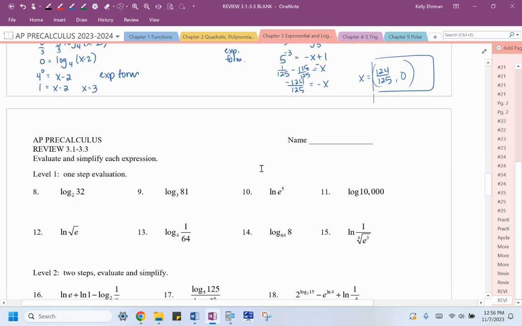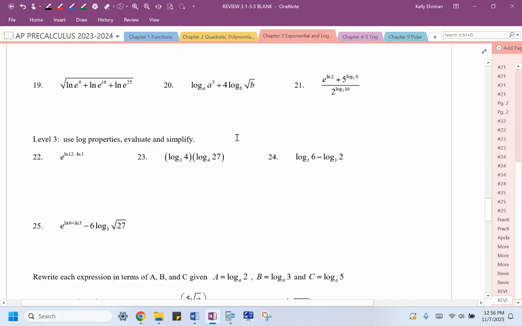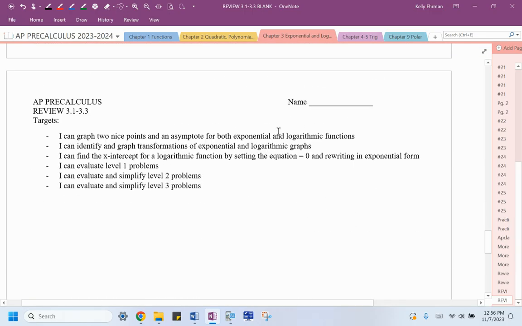All right. So for graphing, I have this little checklist on the back page. I can graph 2 nice points in an asymptote for both exponential and logarithmic functions. I can identify transformations, so you can correctly say what's left, right, up, down, and reflections and stuff, and graph those transformations of both types of graphs.